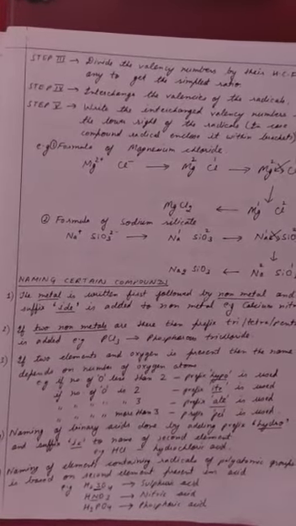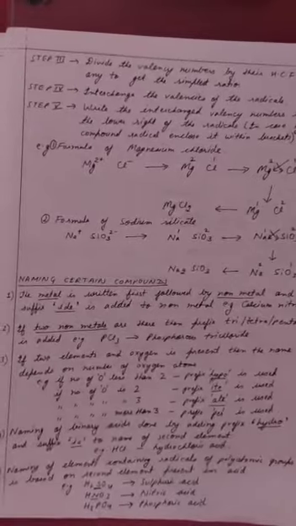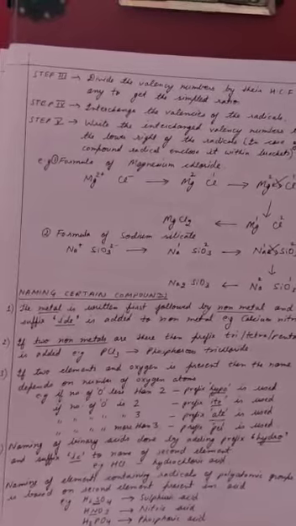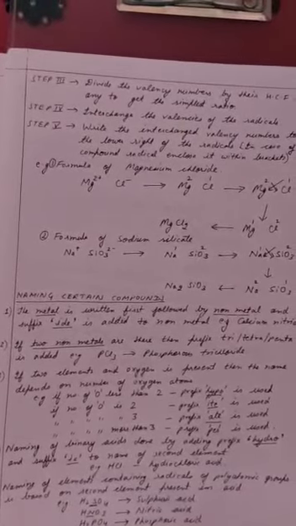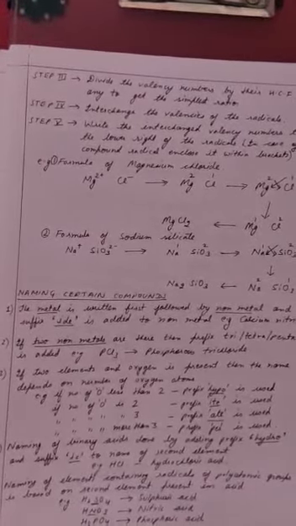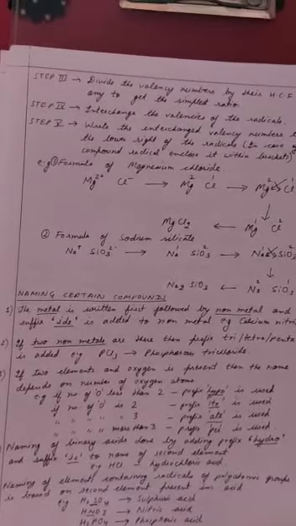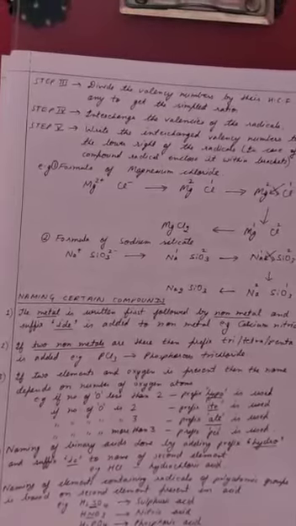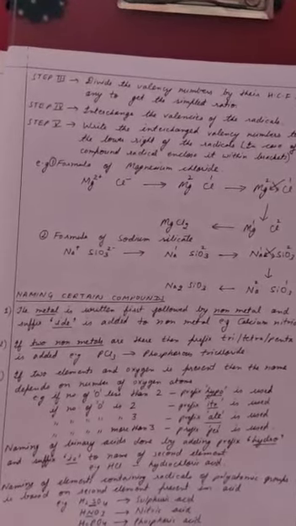Let us derive the formula of magnesium chloride. So students, magnesium chloride involves two radicals. One is the acidic radical, the other is the basic radical. As magnesium has a positive charge, it is going to be the basic radical, and chlorine bears a negative charge, so it is going to be the negative radical, that is, the acidic radical.